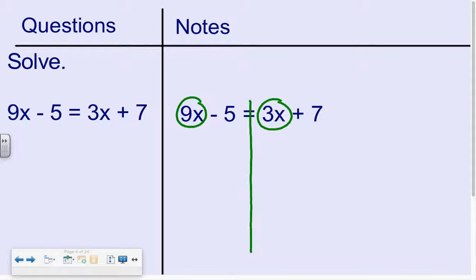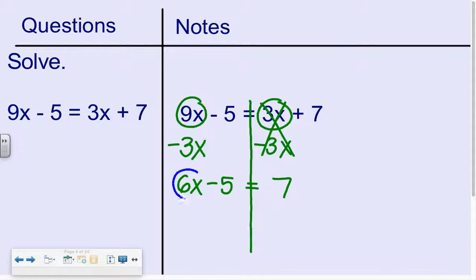So I could either subtract 9x on both sides, or I could subtract 3x on both sides. I like to keep things positive, so I'm going to subtract the 3x on both sides. But if you do it the other way, you'll still get the same answer. 9x minus 3x is 6x. These will make 0. And then I'm left with 7 on that side.